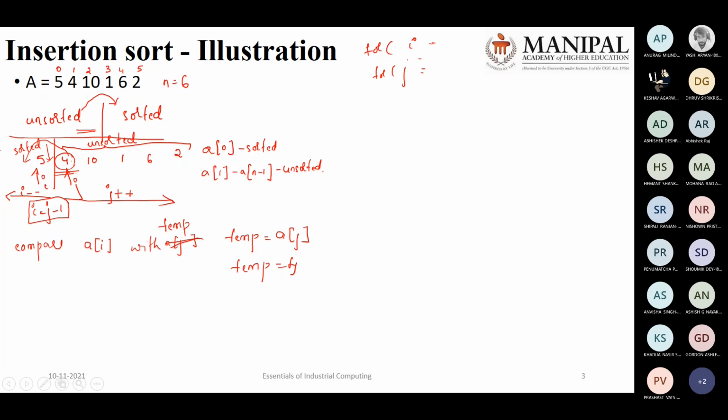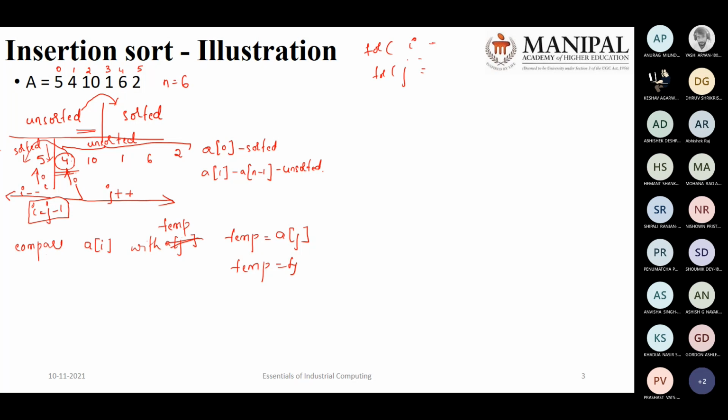Basically when you perform swapping, there could be some way of overwriting the array element, and there is a chance that the original value is lost. So in case of insertion sort, you are overwriting some contents or some elements of the array.